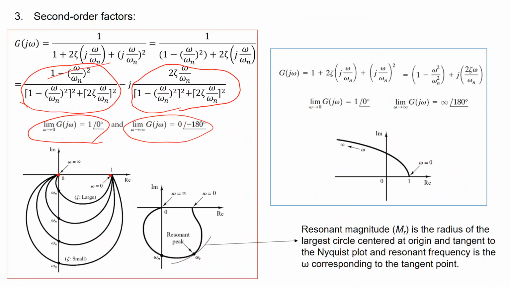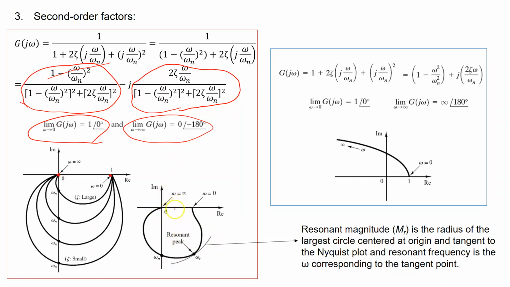That's the resonant location, right? So what we do here, we basically draw a circular arc centered at origin, and we make the circle bigger and bigger and bigger, right? So if you make a small circle, what happens?